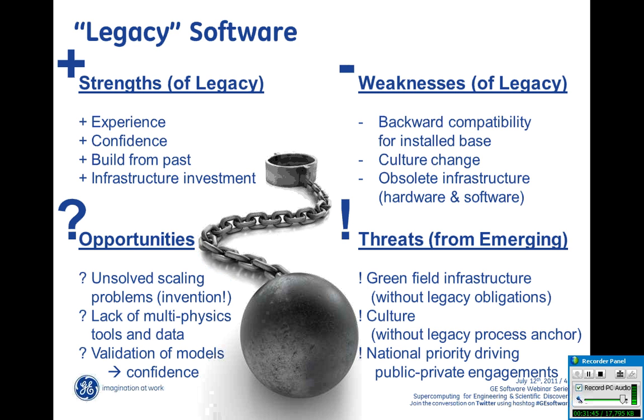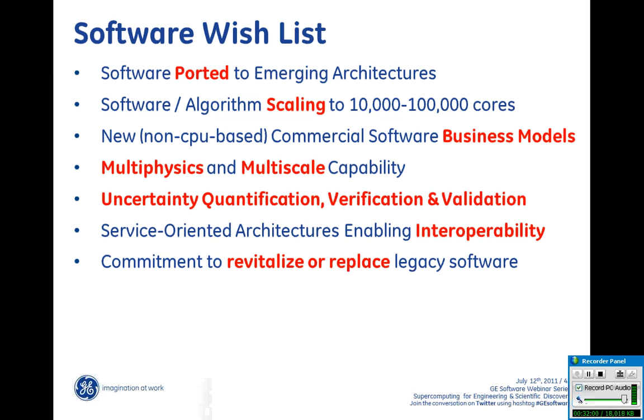The emerging markets we recognize do not necessarily have these legacy constraints and are forging forward pretty strongly, and so that's a competitive threat that we will be needing to address with legacy.